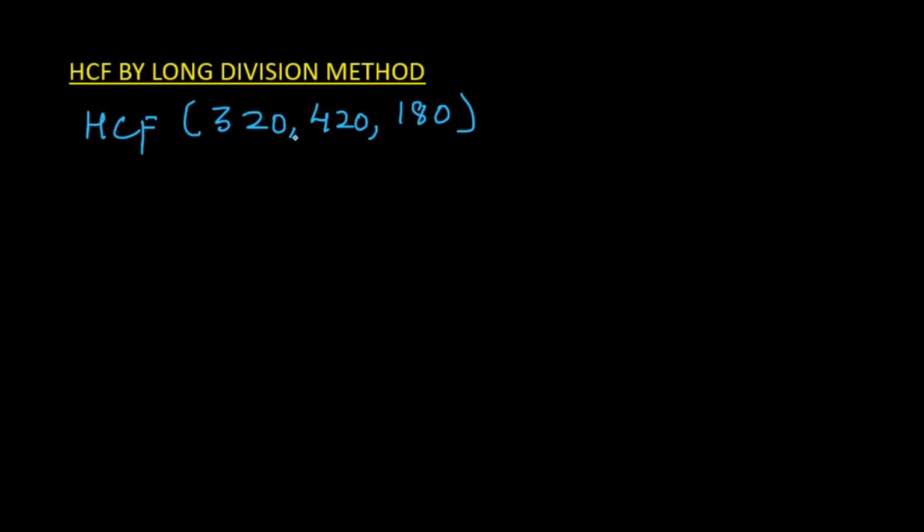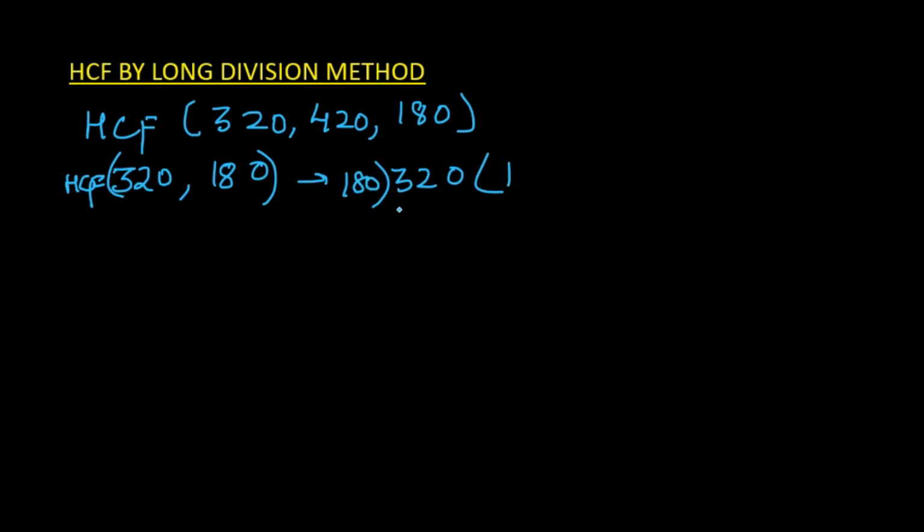Whenever we have to find the HCF of 2 or more than 2 numbers, you pick up any 2 numbers first. Suppose I pick up say 320 and 180. So first I'll try to find the HCF of these 2 numbers. The bigger of the 2 is 320. 180 ones are 180, and we get 140. 140 will be dividing 180.